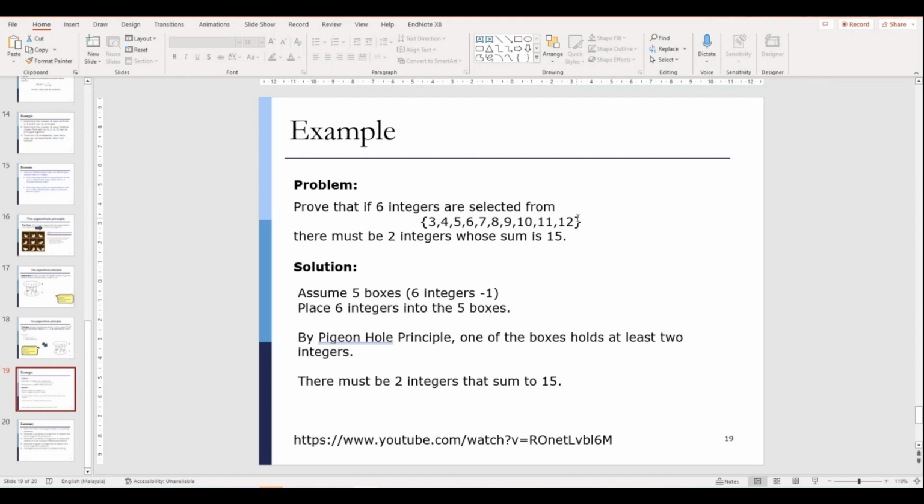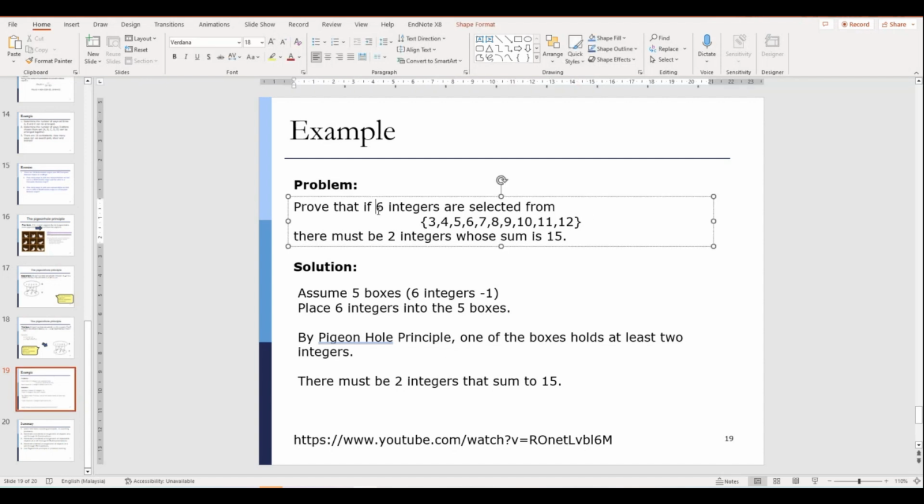And from the 6 integers selected, there must be 2 integers whereby after we add them, the sum is 15. All right. So this is how we're going to do it.